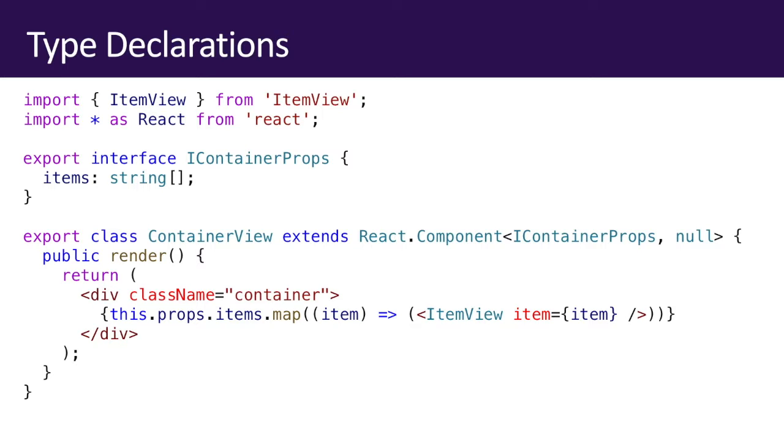So first, we have an interface at the top called container props. This interface specifies all of the props in this React component, the things that are under this .props. This is really nice, actually, because this allows us to give static types for all of our properties. And we don't have to use the other mechanism that React uses for validating props.